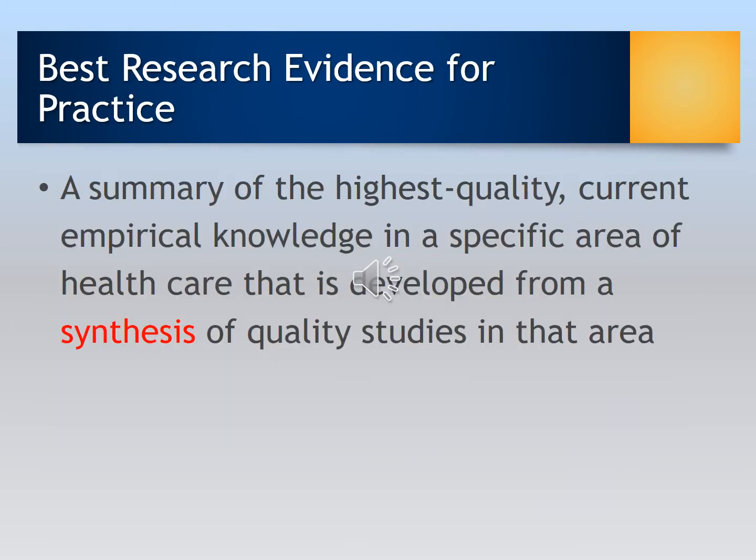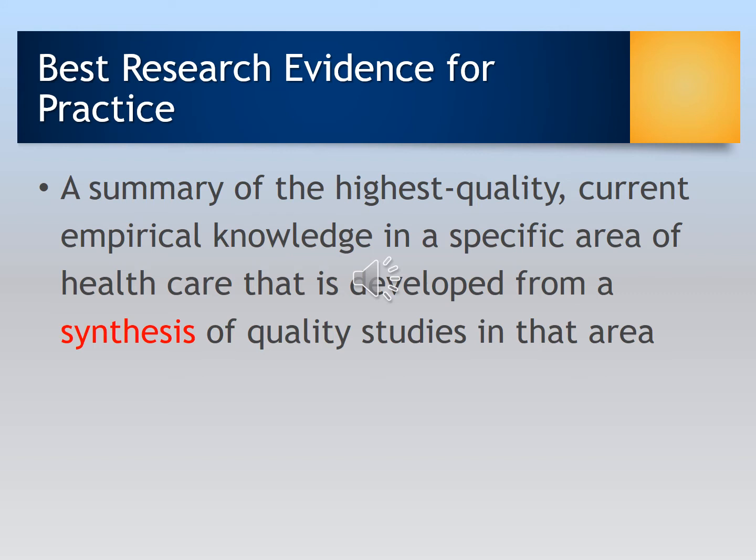The reason why is that a systematic review is a summary. It doesn't just look at one study. It looks at a number of studies and it amasses evidence across those studies. So you can imagine if you had one study that said this intervention worked and you had a group of studies that said it didn't, well, which one are you going to believe?